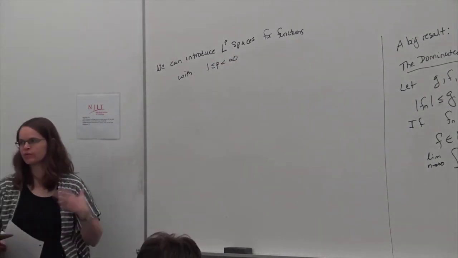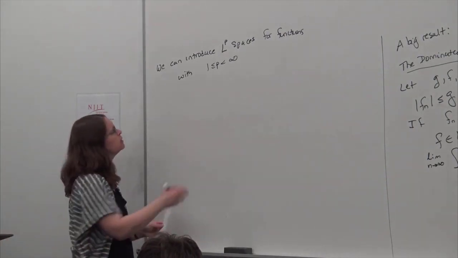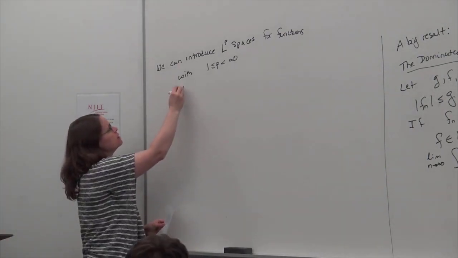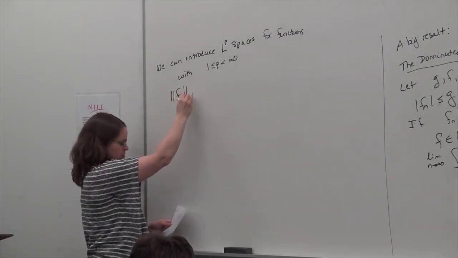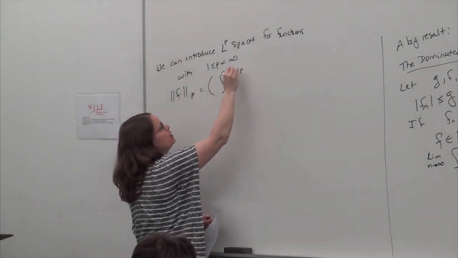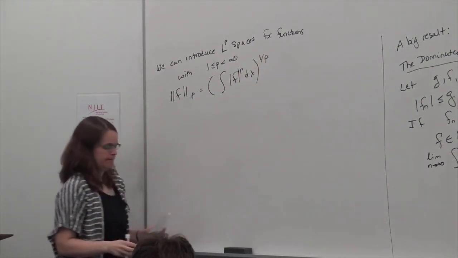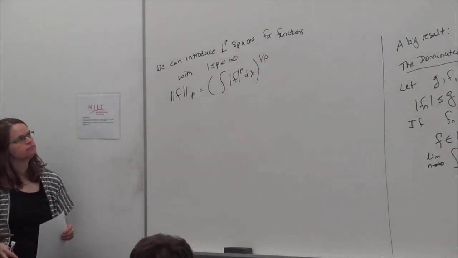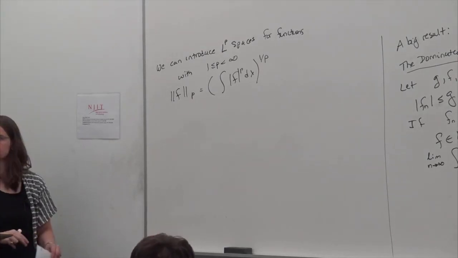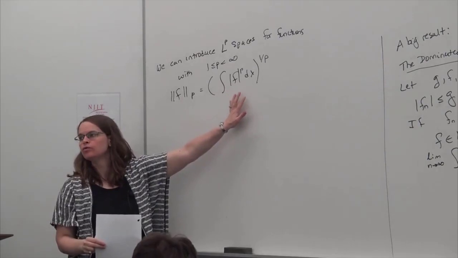Those were vectors, so we had sums. Now we have functions, and we're going to do integrals. So you define it the way you expect. It's the integral of the pth power, and then raise it to the 1 over pth power. And LP then is just the space of functions whose p norm is finite.